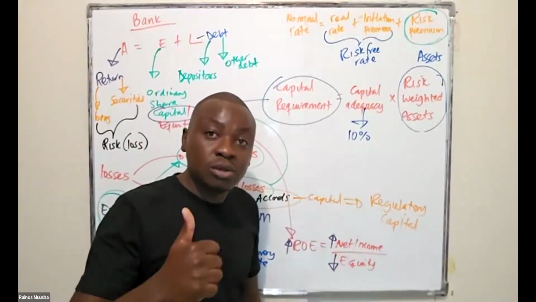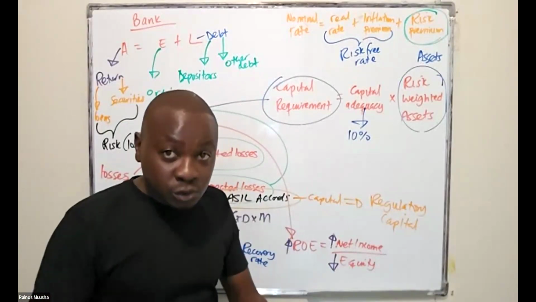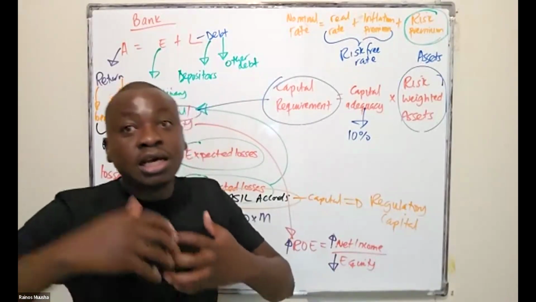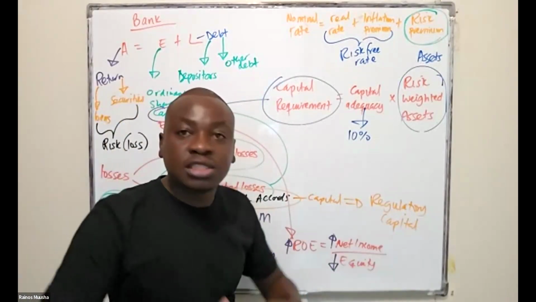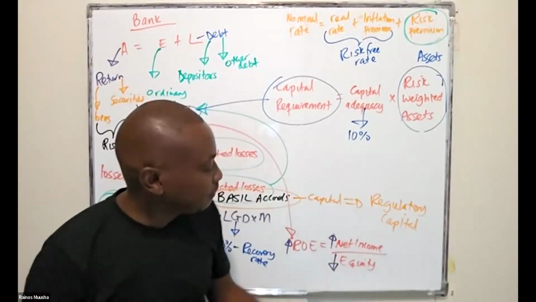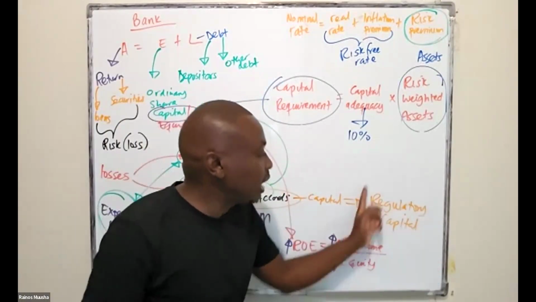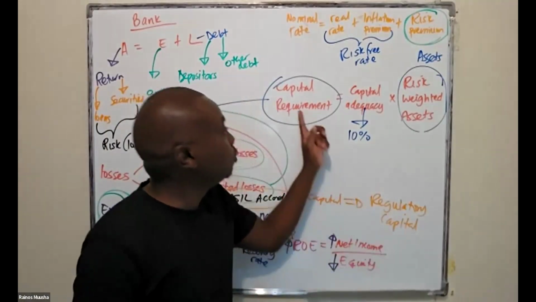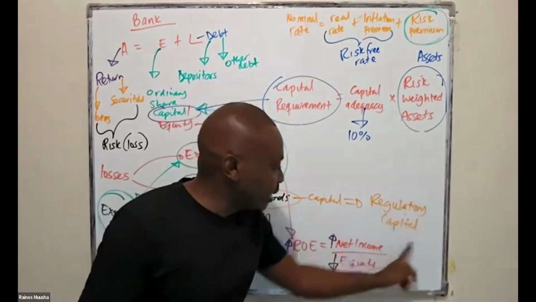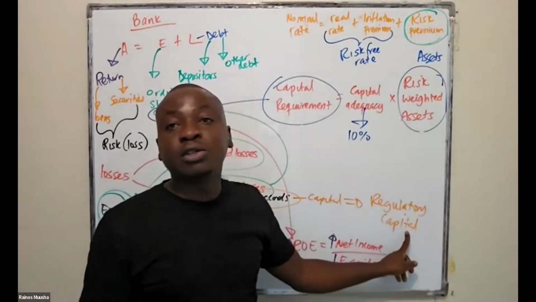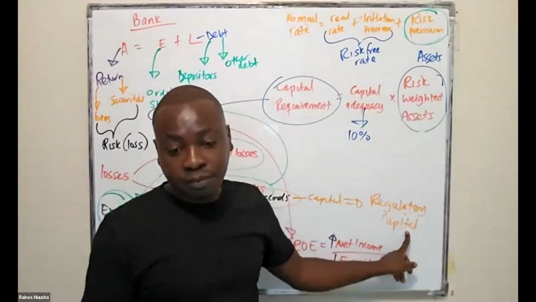So because of this, you see that in the US, there's always that friction between regulation and deregulation. Why? Because the more regulated you are, the more capital you are required to set aside to cater for unexpected loss. So that capital, for regulatory purposes, we refer to as regulatory capital.